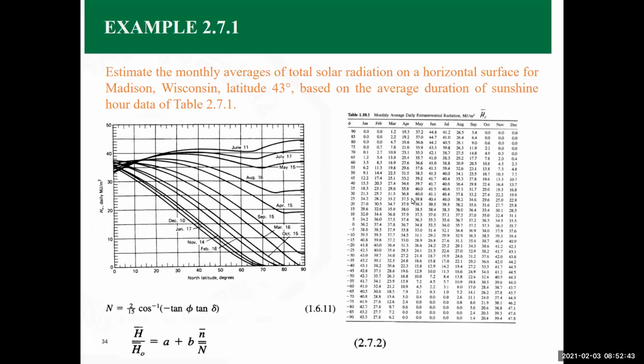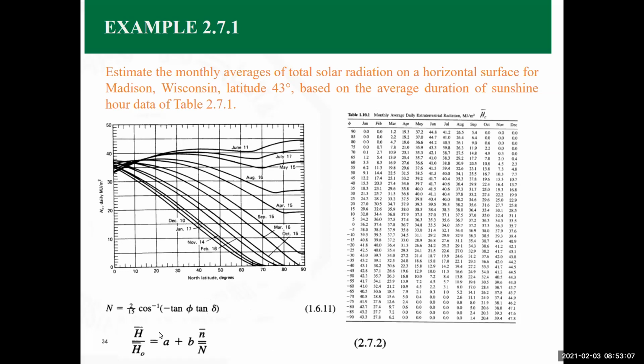If you need to be very precise, you might need to go to the equation. The value of capital N can be either obtained from an equation like this, or there is a figure also that can be used to get the value of N based on phi, the latitude angle, and delta, which is the inclination angle of the location.